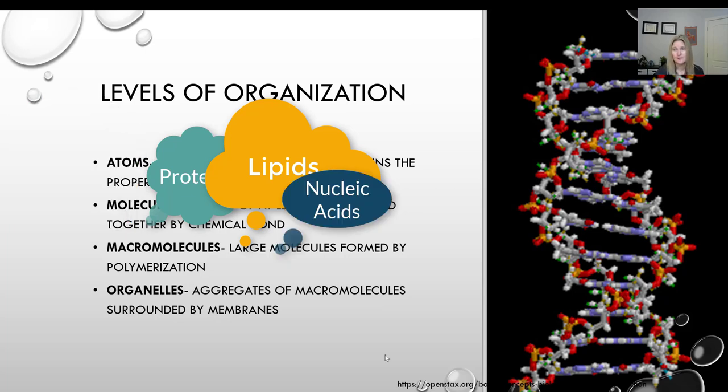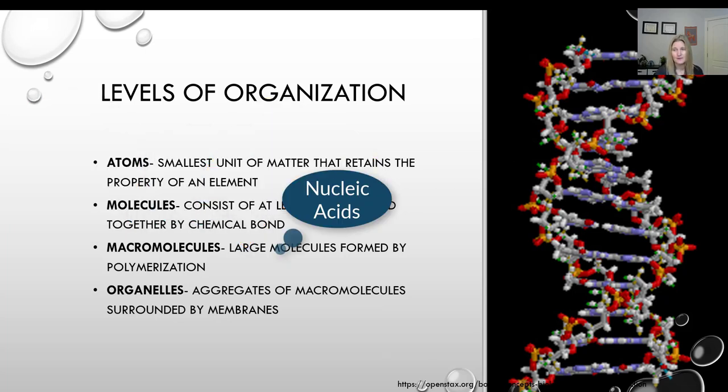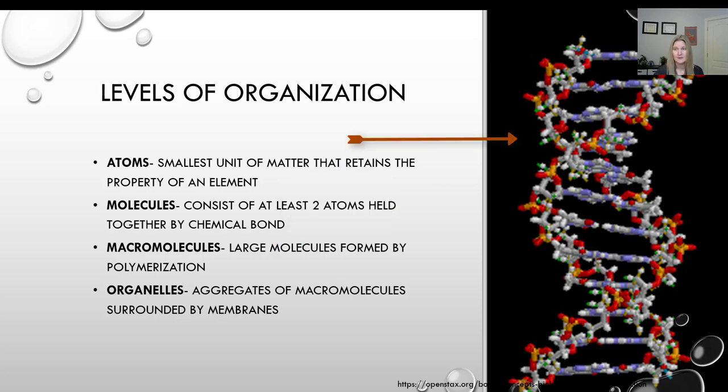For example, you see here on the right, we have a picture of DNA. DNA is a type of nucleic acid, and it is formed through a bunch of molecules. Each one of these parts of the DNA consists of something called a nucleotide.